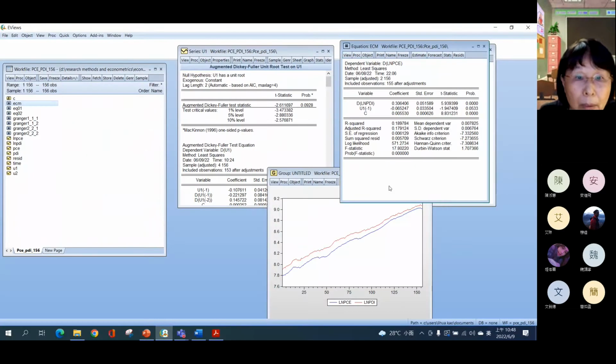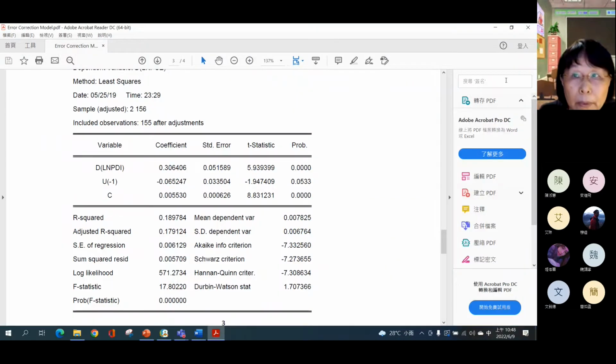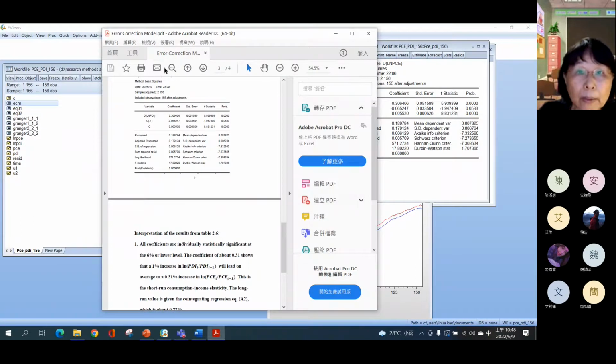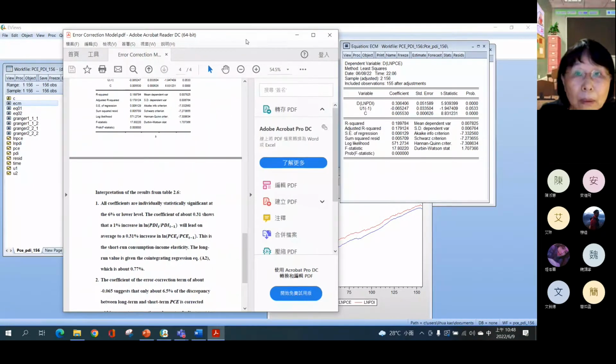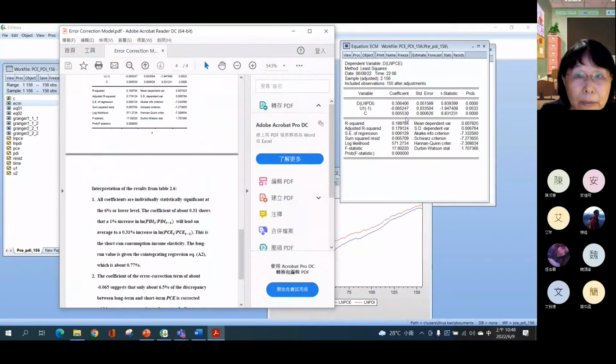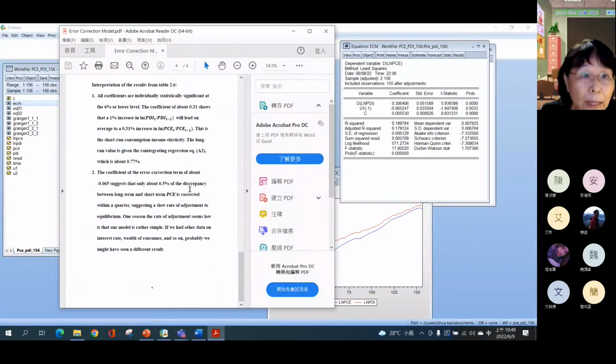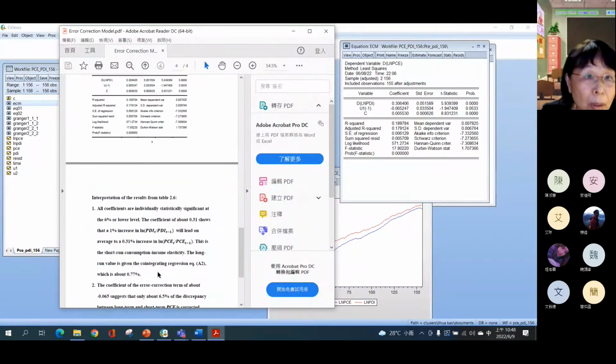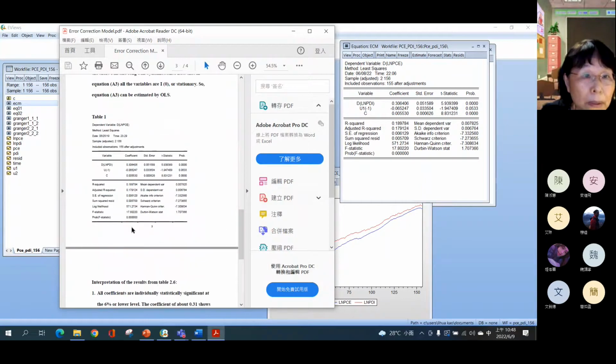Let's see how to put it together. Okay, I have the result like this, right? And this is what I have, exactly the same as this one.